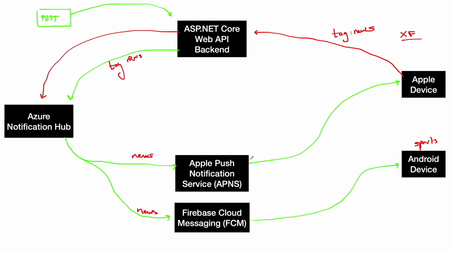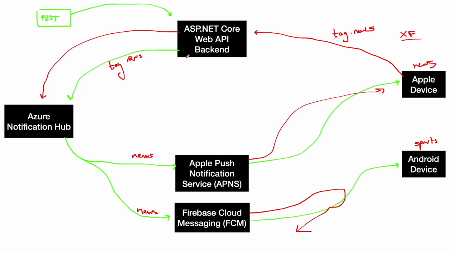And this notification will go to this Apple device, which is registered for news. But this will not go to the Android device. And if we have an Android device registered for news, it will go to it, but this one in particular isn't. So I hope that gives you an idea of what is actually going on.